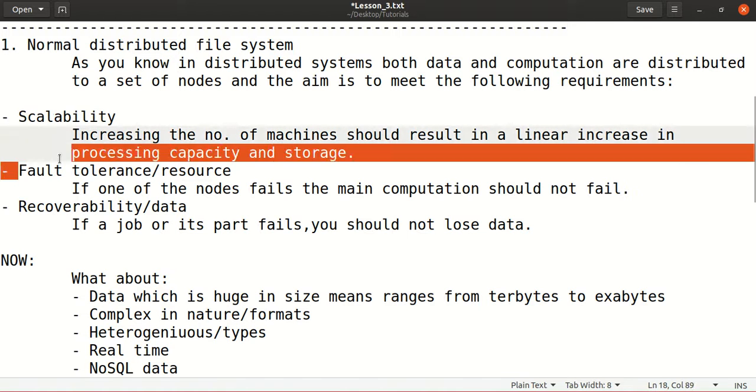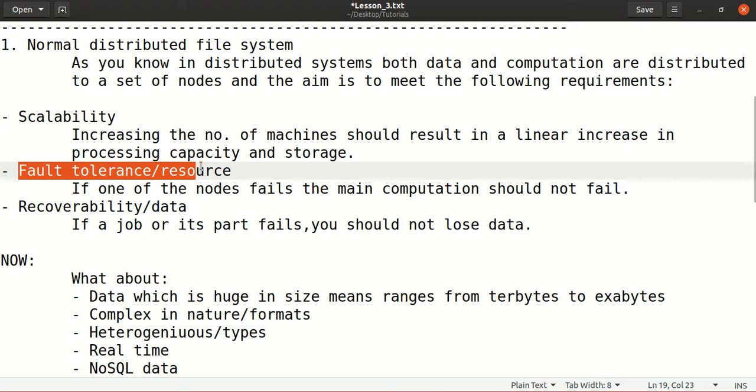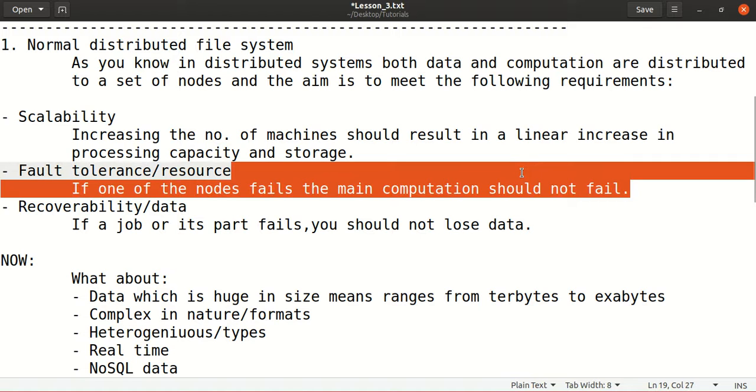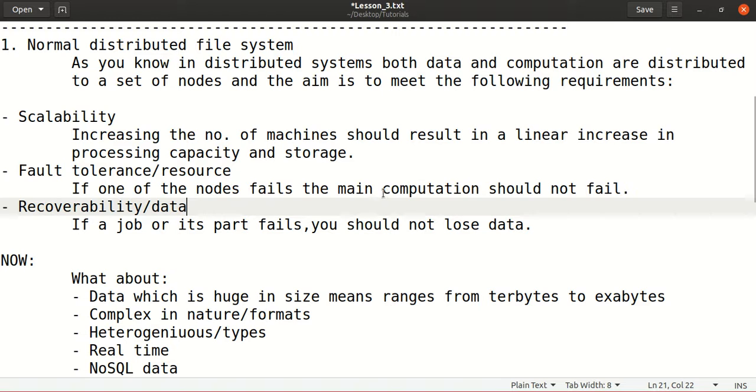Fault tolerance: if one resource or node fails, what will happen? The main computation should not fail. This is also another purpose of normal distributed file systems, because we have placed 3 or 5 servers. If one server fails, we will still be able to do the computation.